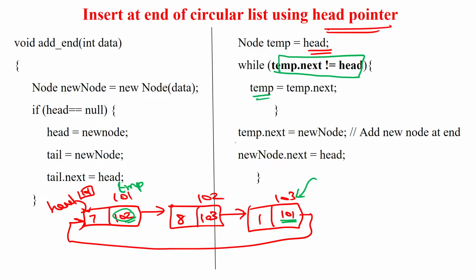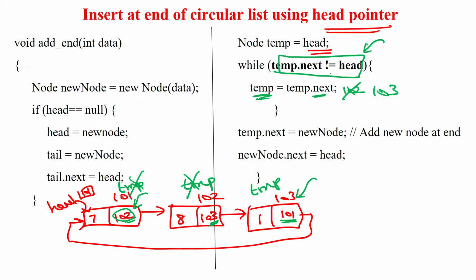Then temporary is updated, now temporary becomes 102. Then again we check temporary dot next, that is 103, not equal to head, which is true. So 103 is assigned into temporary. So now temporary is 103.